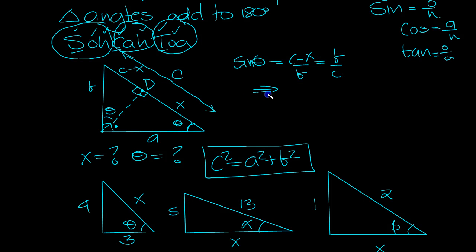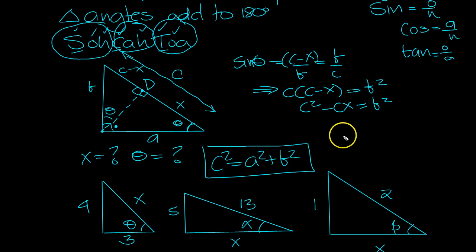So that tells us then, this is a bracket because there's more than one term. Move the c up, c minus x, and move the b up to be with the other b to make b squared. This is c squared minus cx equals b squared. So cx then is equal to c squared minus b squared, isn't it? So that's the first piece of information.